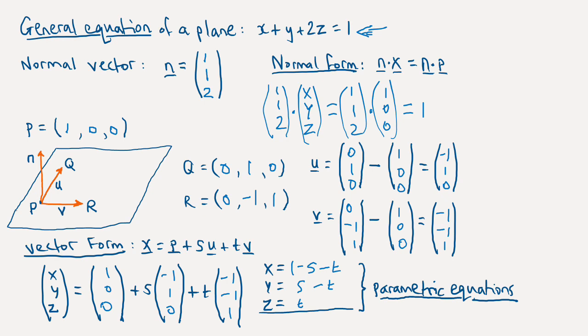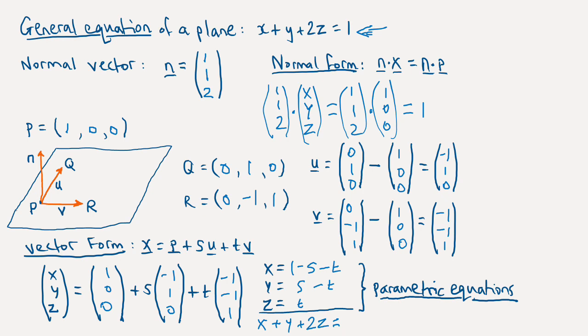And we could just double check that. If I add x plus y plus 2z according to these parametric equations, then the general equation tells us that we ought to get just a constant 1 when we do that.